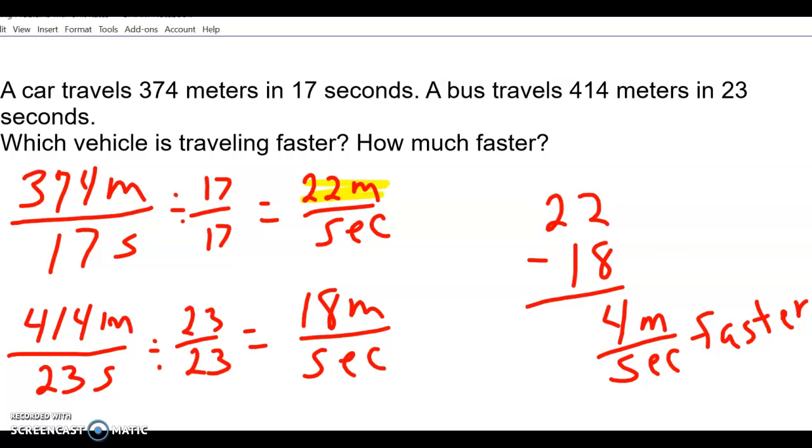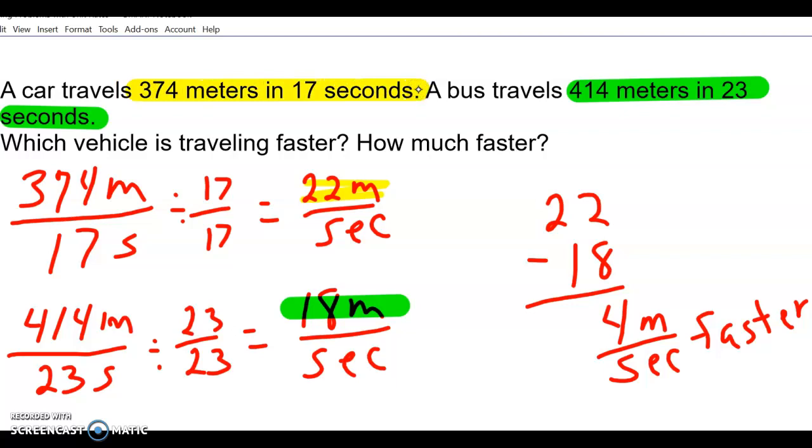And when we did the bus, we did 414 divided by 23 seconds, and that gave us 18 meters per second, all right? So the faster one is the car. 22 meters per second is faster than 18.